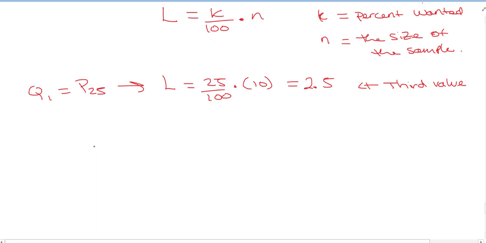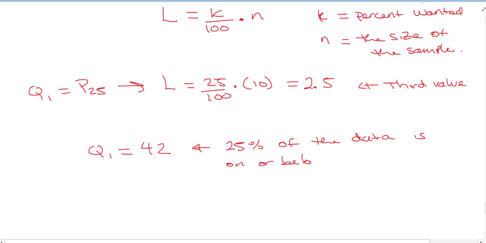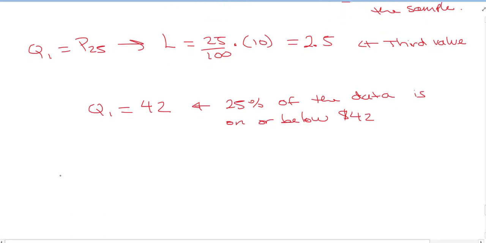So we can say Q1 is 42. So what this means is that 25% of our data is on or below $42 for restaurant receipts. And so we continue in this way. So Q2 is P50.